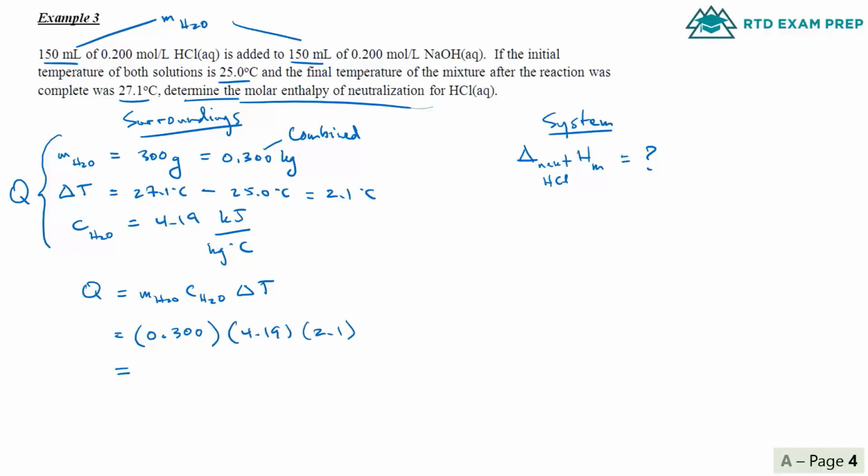I know that I'm going to get a result for Q in kilojoules. So positive 2.6397 kilojoules. With this value for Q, we could determine the delta H for neutralization for this specific situation, for HCl, and it's going to equal the negative version of that number.